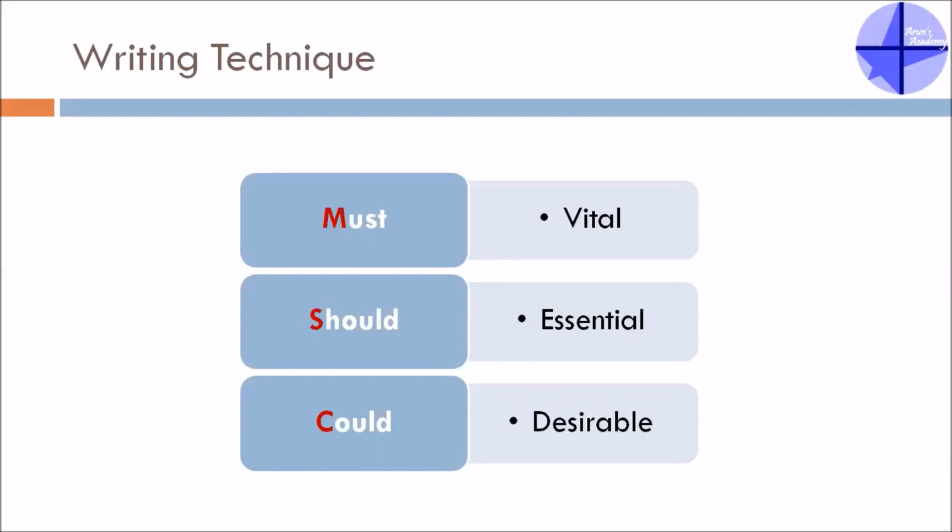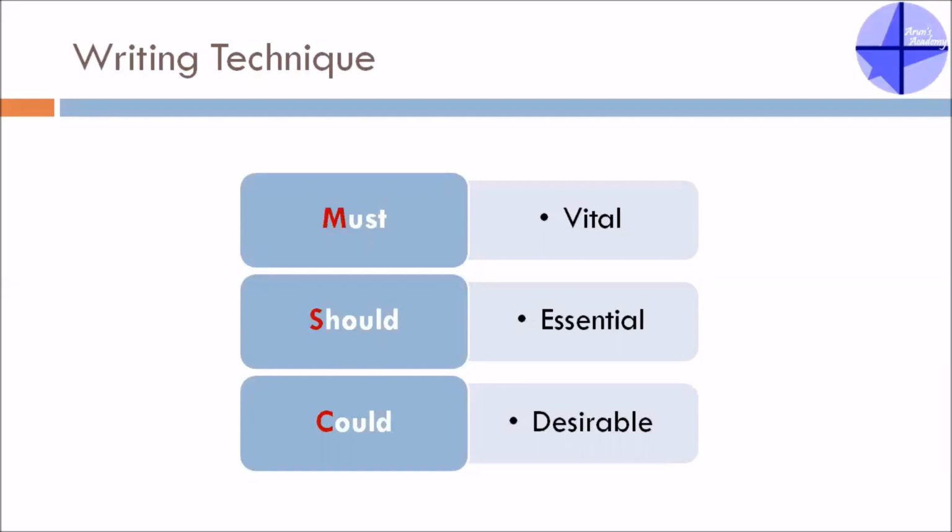Shoulds are those which are essential to have but are not mandatory. These can be added or not depending on the situation. Coulds are all those items which are desirable but not at all essential to be added. These can be easily removed from the writing.